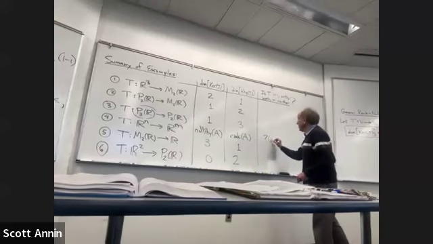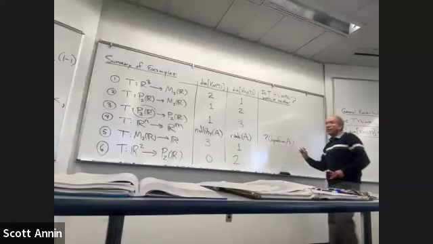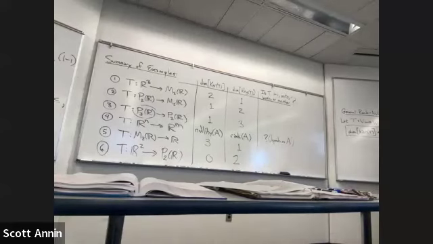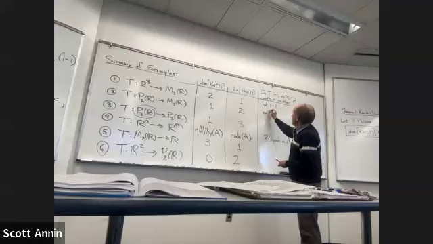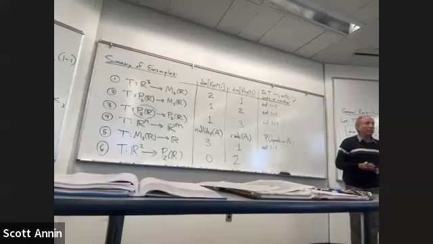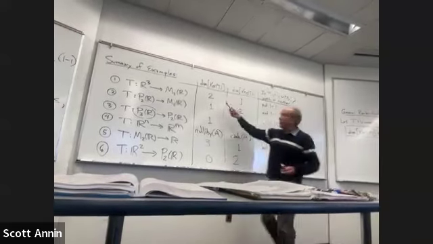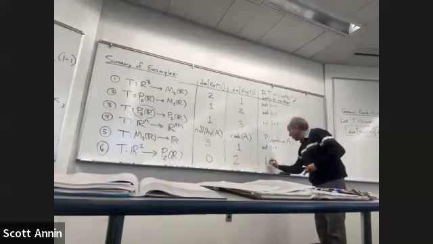So I'll just put depends on A. It depends on what A is, so we can't really answer that one. But you can see that on these others, number 1, number 2, number 3, and number 5, it's not 1-to-1, because look at the kernel. The kernel is not 0-dimensional on any of those. On the last one, it is 1-to-1.